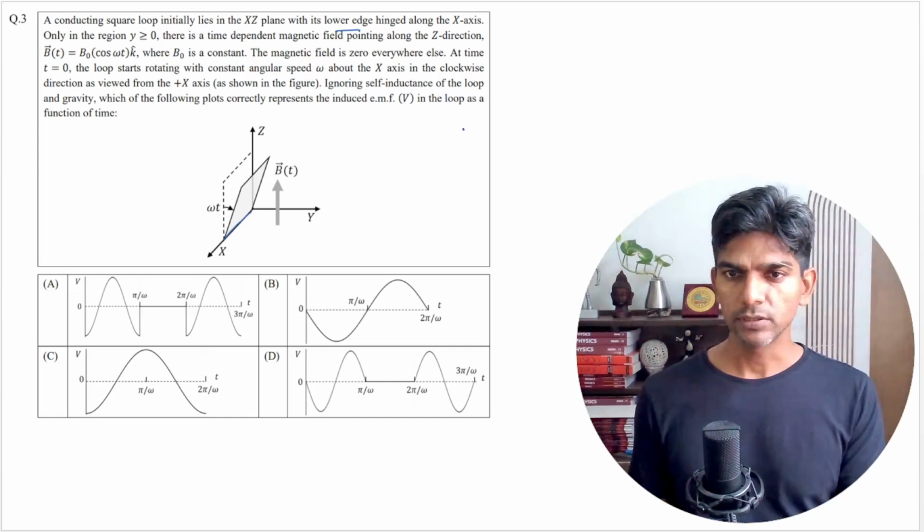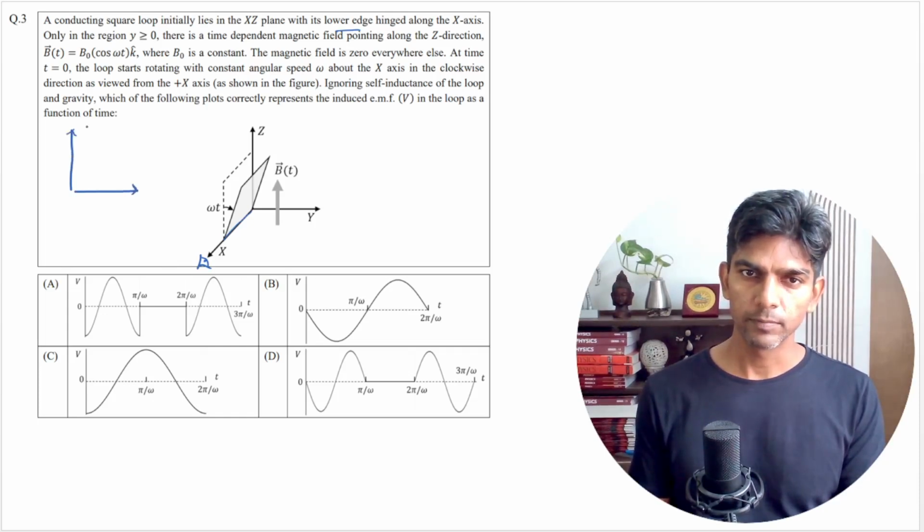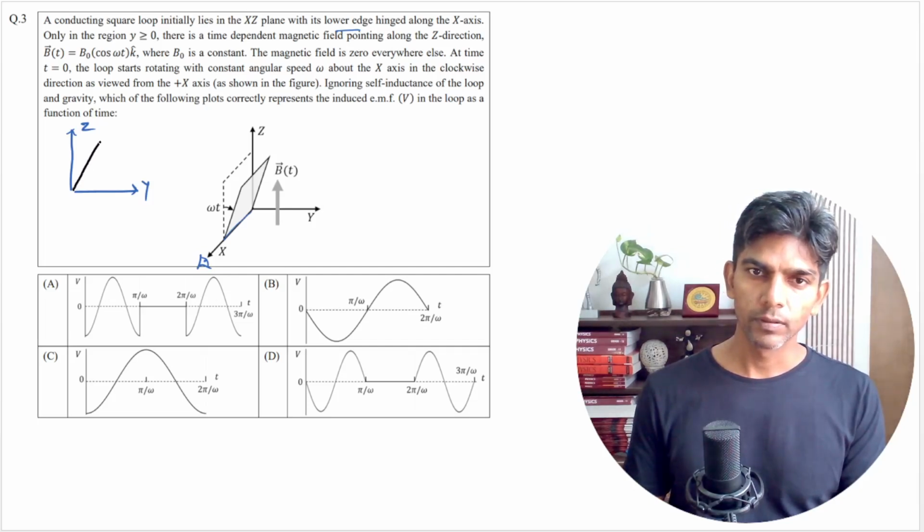So let me look at this problem from the positive x-axis. If I look at it from the positive x-axis, I will see the YZ plane. And let us say this will be the square loop.